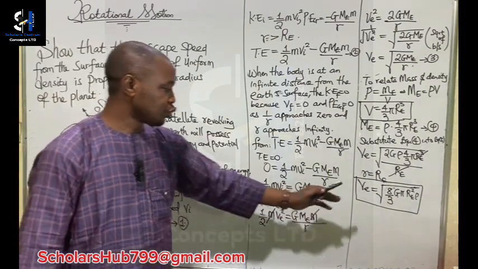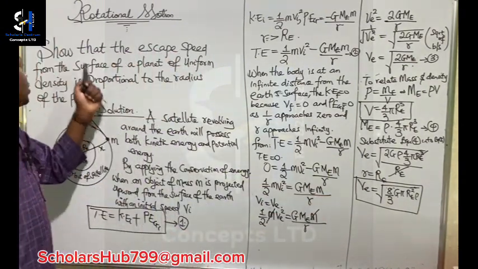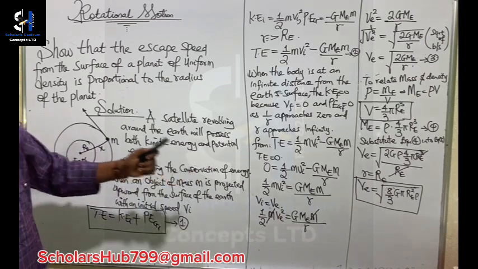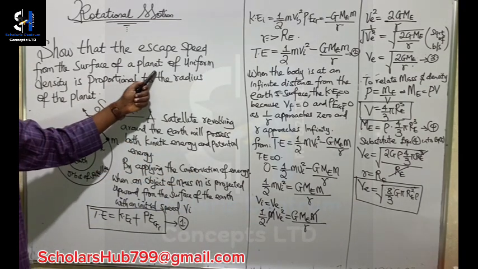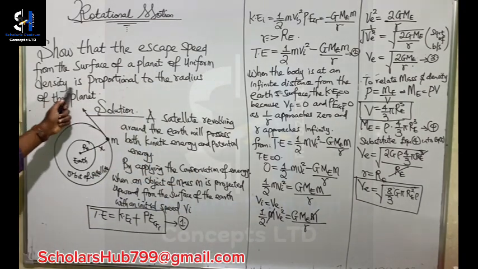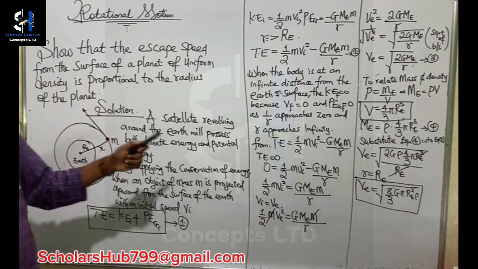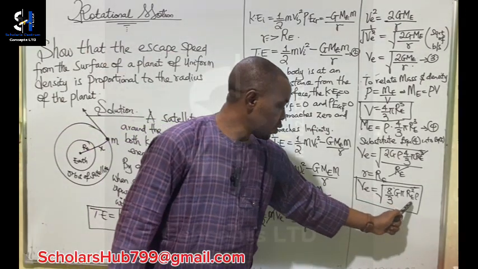So we have now shown that the escape velocity from the surface of a planet of uniform density is proportional to the radius of the planet. This will be the radius of the planet.